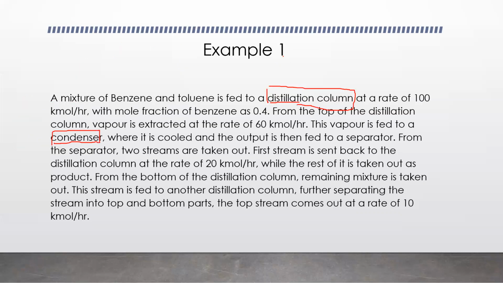So here it is cooled, and then we have another unit, which is the separator. So this is my next unit, separator. From this separator, we have said that 2 streams are taken out.